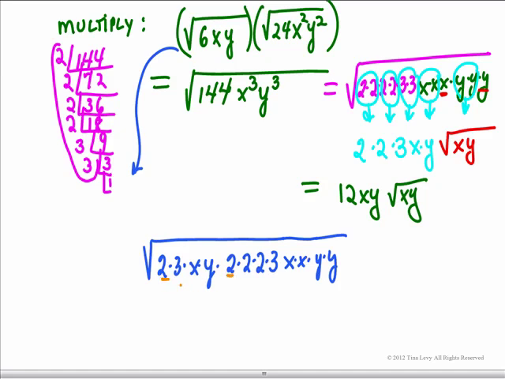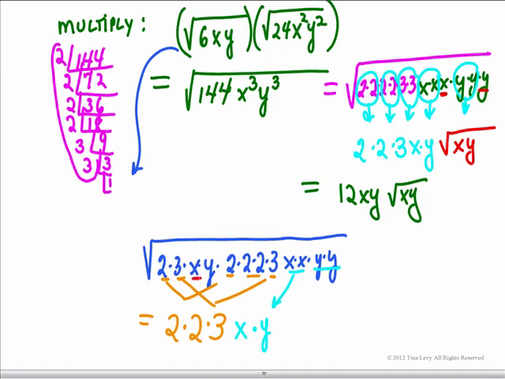So if you do that, you see you have 1, 2, and another, so out comes a 2. You've got another 2, out comes a 2. You've got 1, 3 here and 1, 3 here, out comes a 3. And then you count. You've got 2 x's, out comes an x. 2 y's, out comes a y.